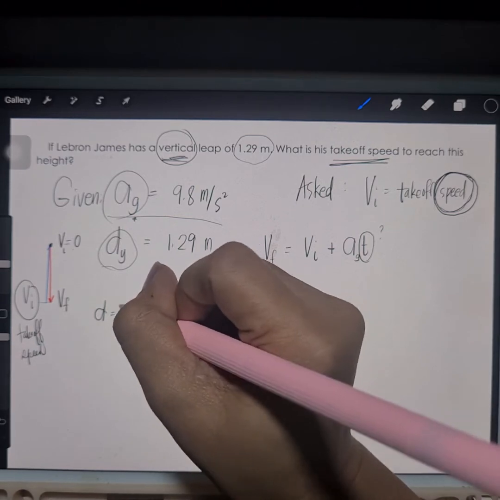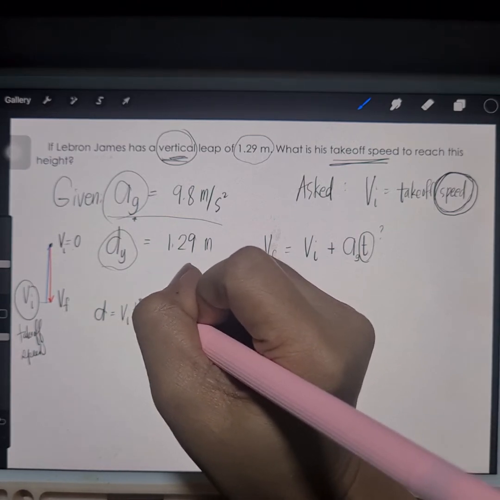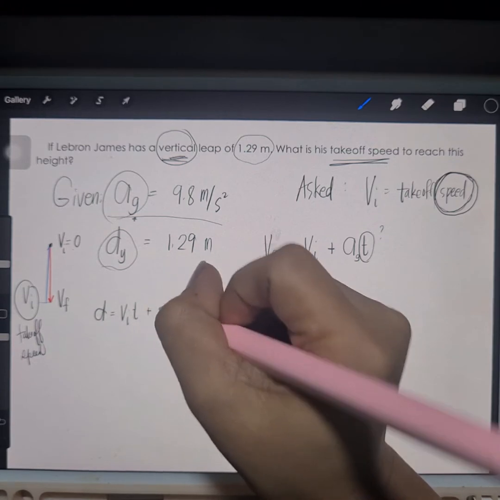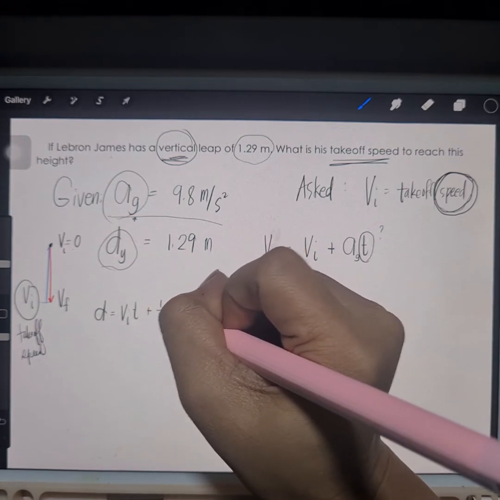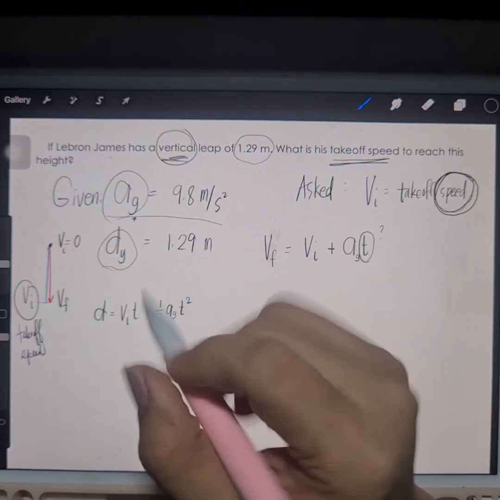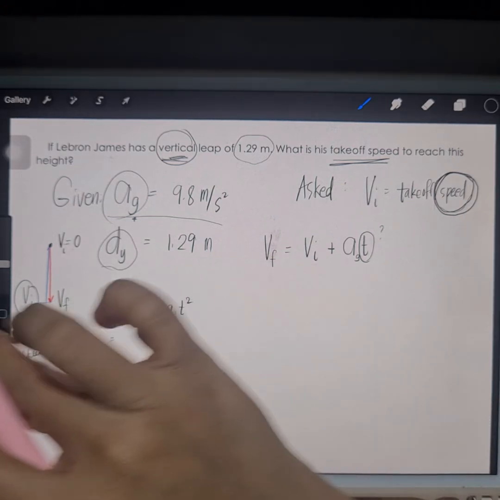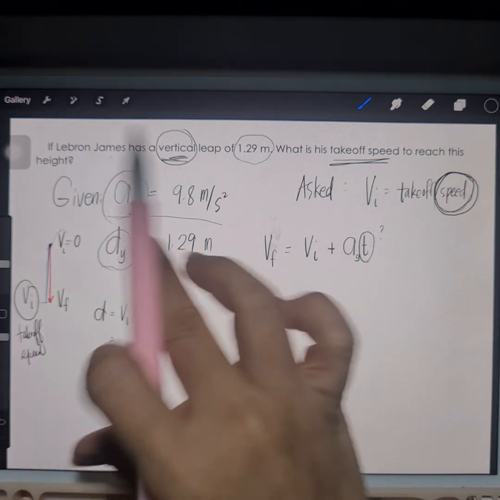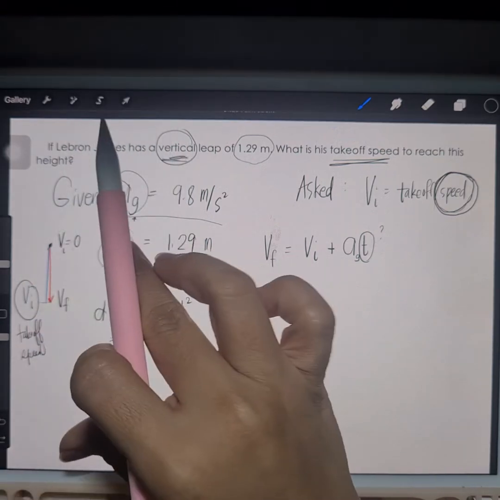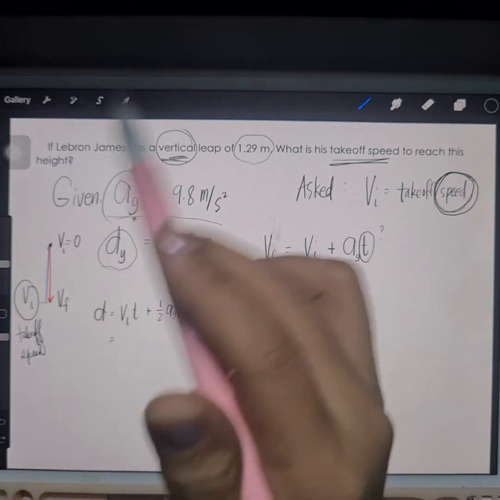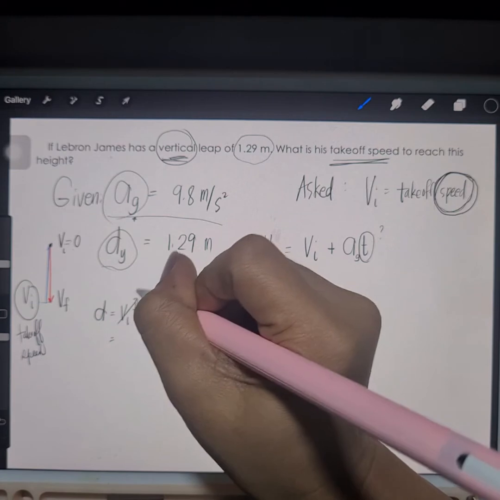d equals Vi t plus 1/2 Ag t squared. Since we're going to follow the red path, the initial velocity is 0.